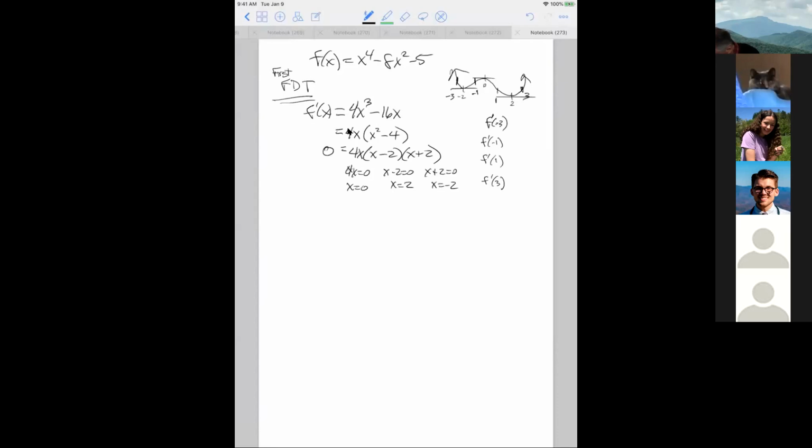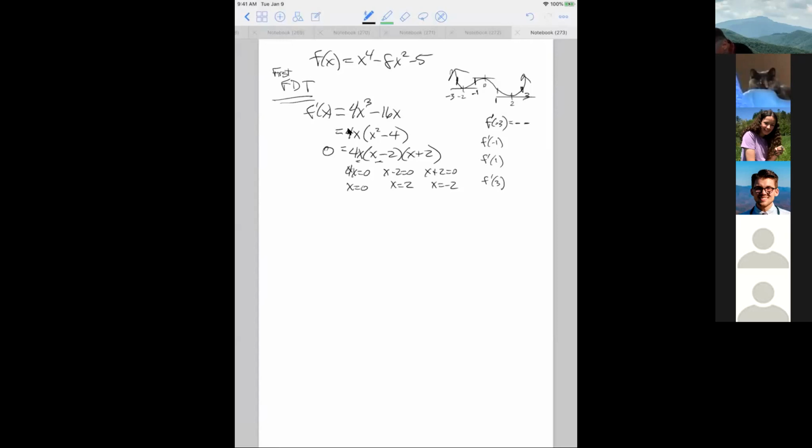Now look what happens here. When I plug in -3, I've got 3 terms here. And I'm going to put down what the sign of each term is, not even worrying about what the calculation is. I could do that if you want to, but I'm just going to plug in. If I plug -3 into 4x, I get a negative. I plug -3 into x minus 2, I get a negative.